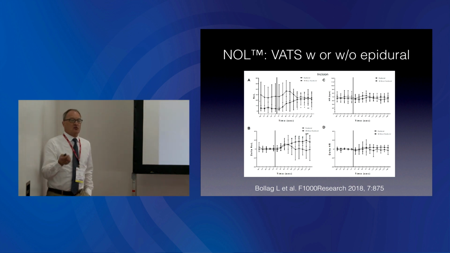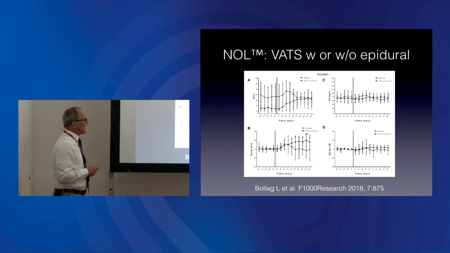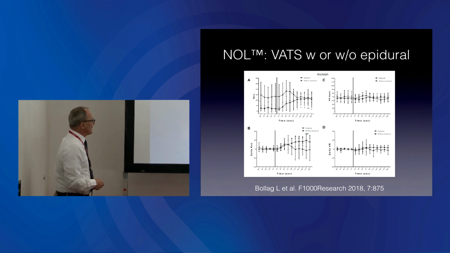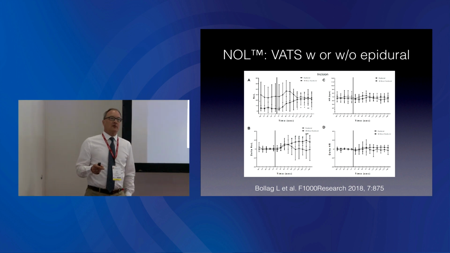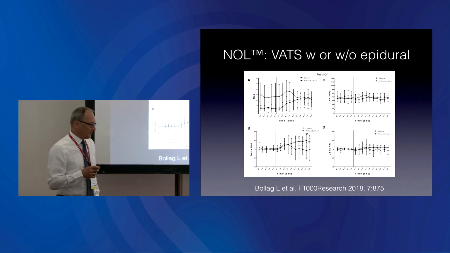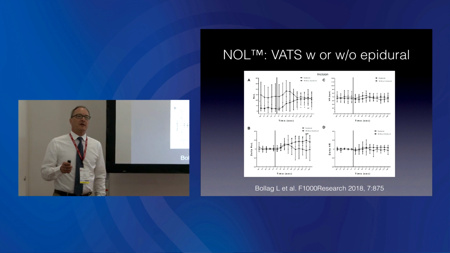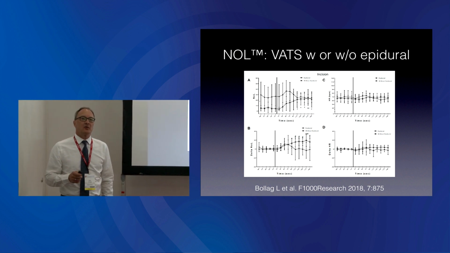Because there is huge variability, there's a huge overlap, but there is a tendency, if you calculate the differential, that with a local anesthetic the increase in the variation of the NOL is less than in the standard group, although there is a huge overlap. And so the question I had was, is there a possibility to document more objectively whether your local blocks are actually working?